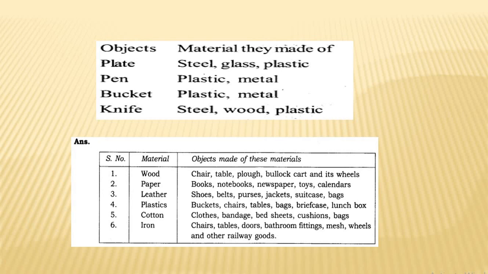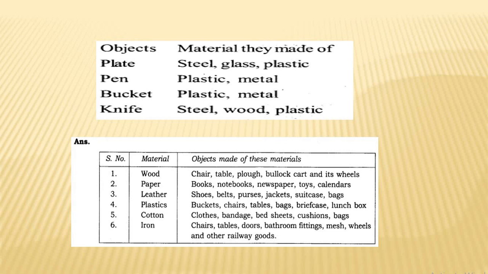Cotton: clothes, bandages, bed sheets, cushions, bags are all made up of cotton. We can also write another material like iron. And what are the objects made of this material? Iron: there are chairs, tables, doors, bathroom fittings, mesh, wheels, and other railway goods.